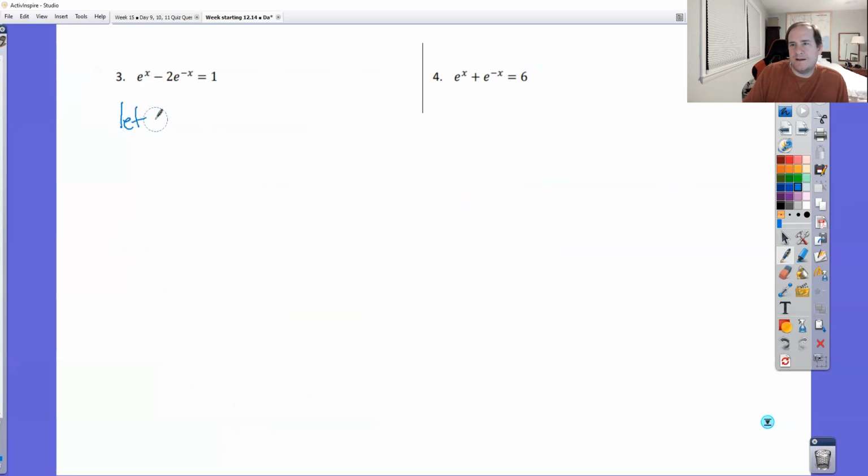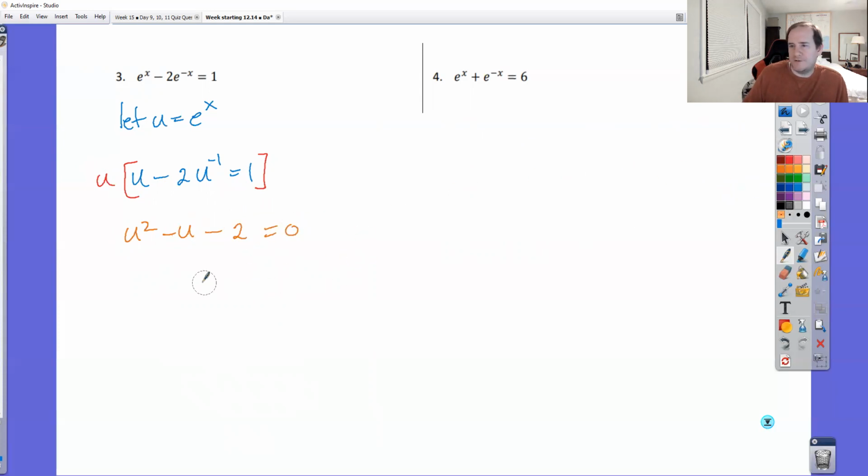So we'd make a u substitution again. You'll go ahead and let u equal e to the x. Then this will become u minus 2u to the negative 1 equals 1. Multiply through by u. That'll give you u squared. This will become u, so it'll be minus u, and then minus 2 equals 0.